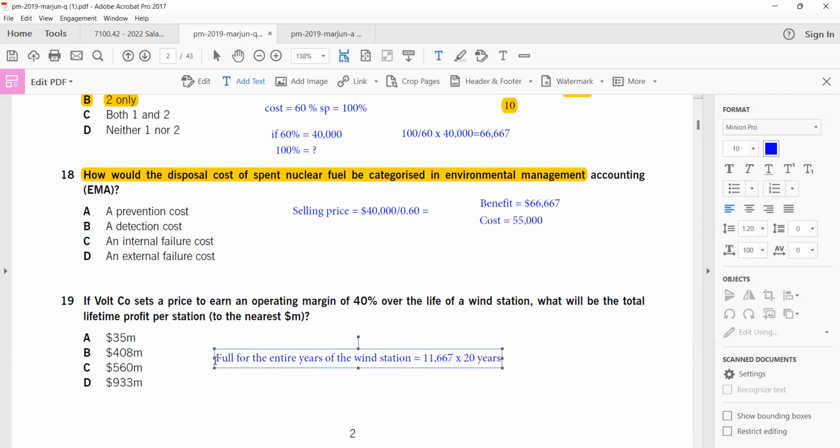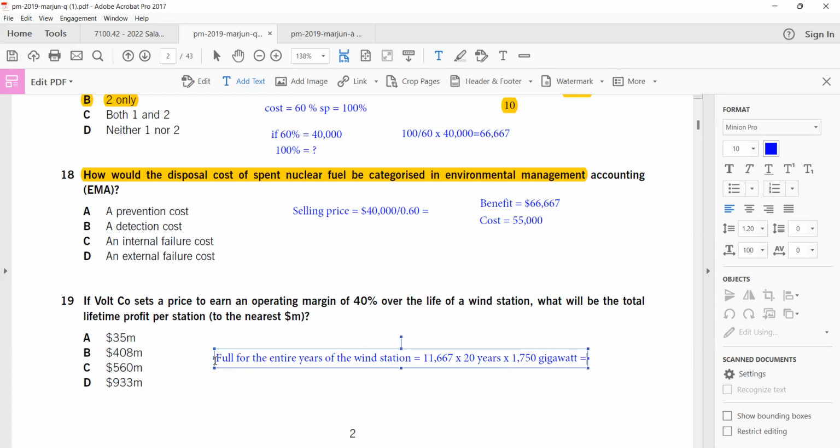For life cycle, we look at everything for the entire years of the product. How many gigawatts? 1,750 gigawatts. So that will give you the overall, based on the overall life of the product.